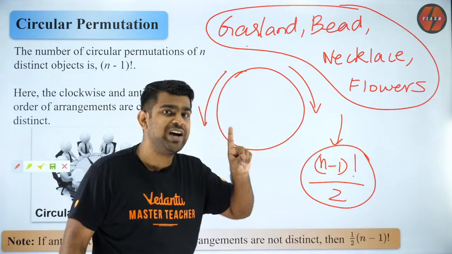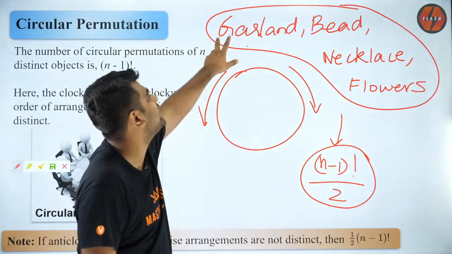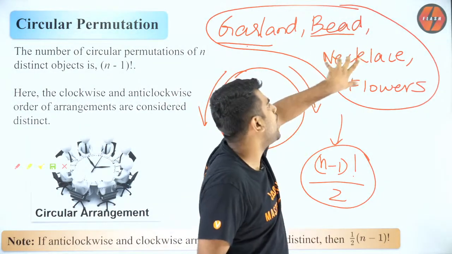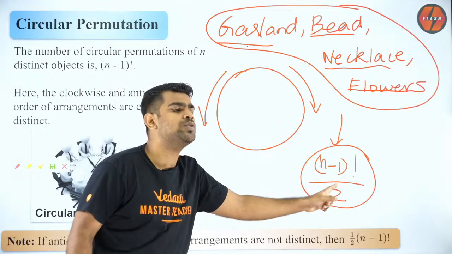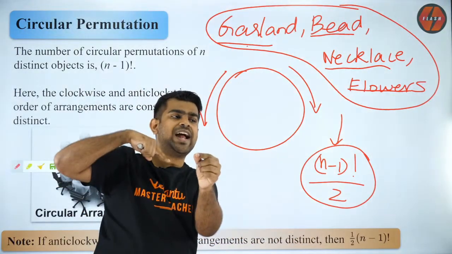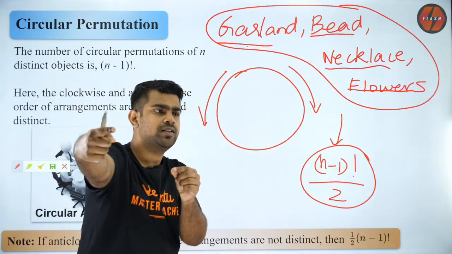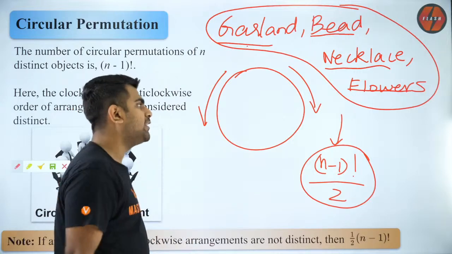So please remember, in the very simplest manner, when you have a garland, bead, necklace, or flower, then it will be n minus 1 factorial by 2. Why? Because you can see it from the front as well as the back. That is the simplest way to understand it. I hope you guys are clear.